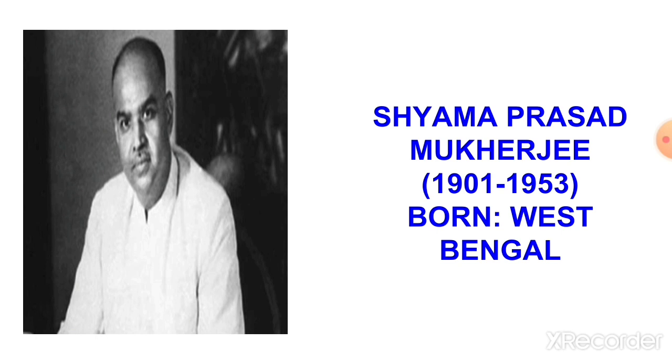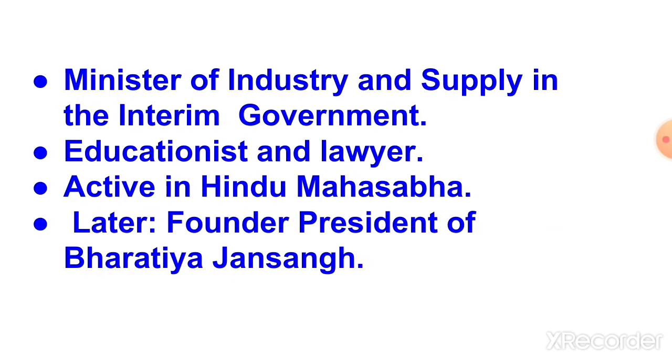Shyama Prasad Mukherjee. He was born in the year 1901 and died in the year 1953. He was from West Bengal. He was the Minister of Industry and Supply in the interim government.